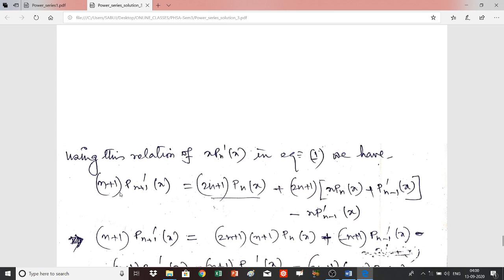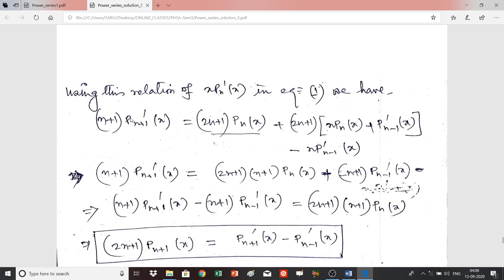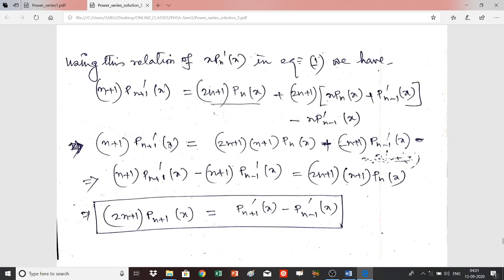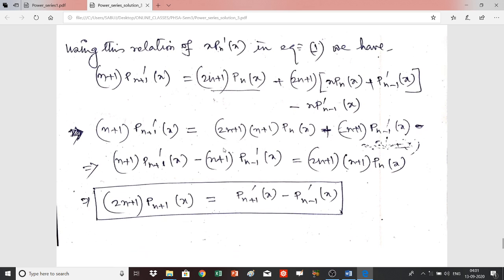If you use that, then you will have n plus 1 Pn plus 1 prime x is equal to these. Just simplify it. All the steps are written here, and then the next line is equal to this, and finally we will have n plus 1 Pn plus 1 x, that is equal to Pn plus 1 prime x minus Pn minus 1 prime x. So in this case it is not very difficult.